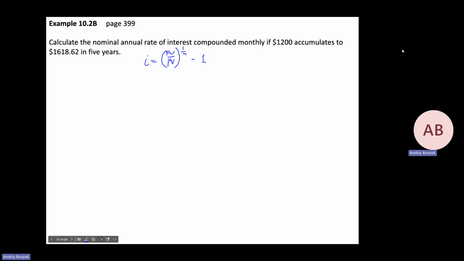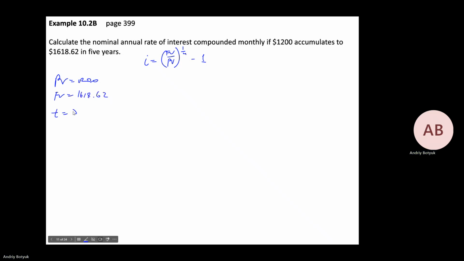So what do we have? Monthly compounded, right? So I have present value 1200. I have future value 1862. I have a 5 year term. So I need N, which is 5 times 12, and I'm looking for J12, right? 5 times 12 is 60.